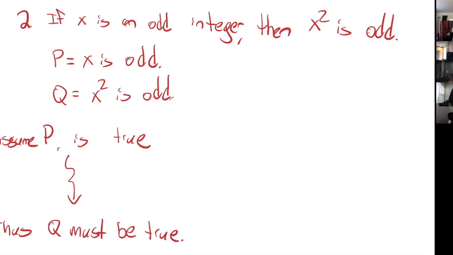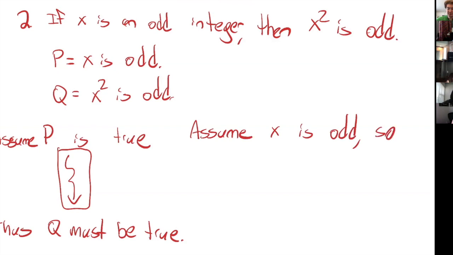The most important part is that squiggly stuff in between, and we're going to need to do different things depending on the situation. Let me summarize this since we're just about out of time. Saying that P is true, in other words, is we're going to say, let's assume that x is odd.